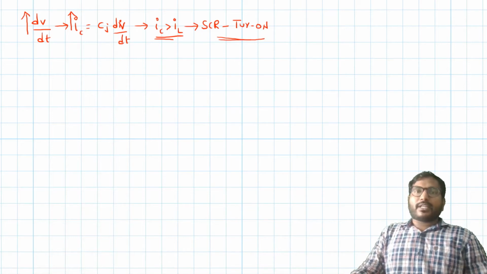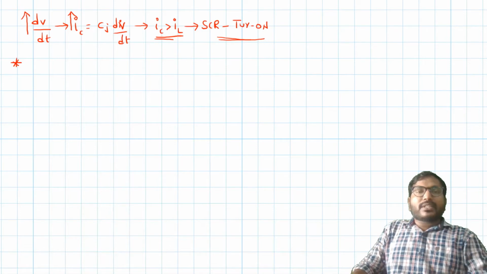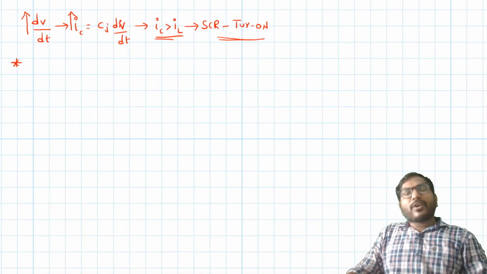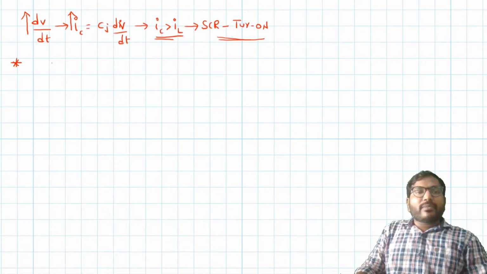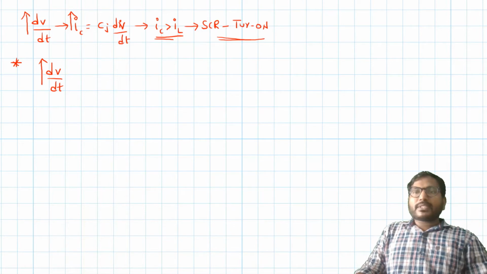This is called false triggering, and we have to prevent the SCR from it. What is the reason for this false triggering? High dV/dt. The magnitude of dV/dt is high, and only in this case the above problem occurs. So we have to reduce this change in voltage.